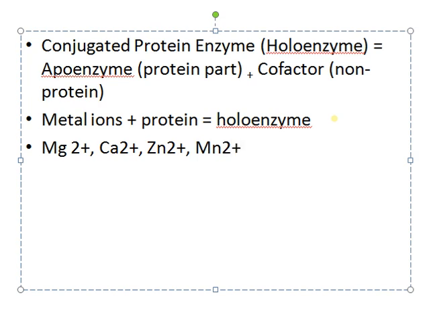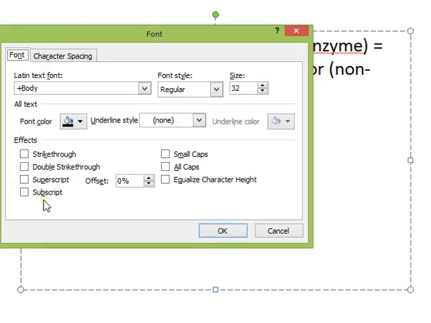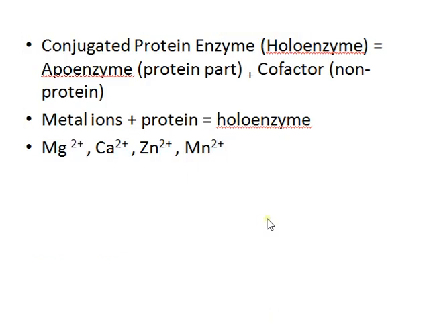So we have Mg2+, then calcium 2+, zinc 2+, manganese 2+, etc. So these are actually the ions, or the cofactors. That is the function of these. So these are the cofactors.